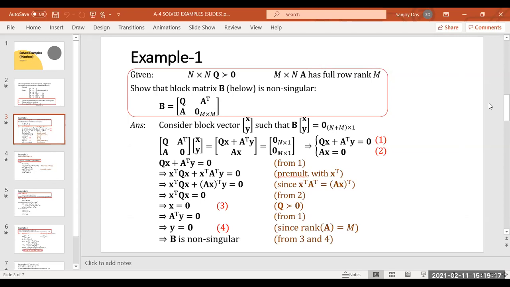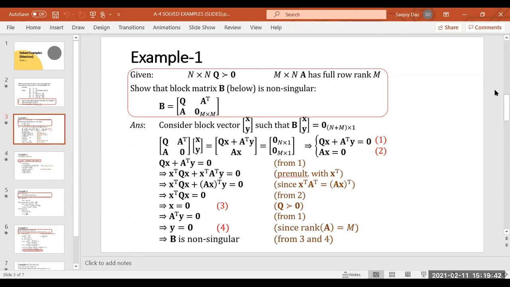Now, what if we did not make this assumption? In that case, it would be difficult. How would we prove that y is 0? We cannot prove y is 0, because in proving y is 0, we have to use the fact that A is a full row rank matrix.